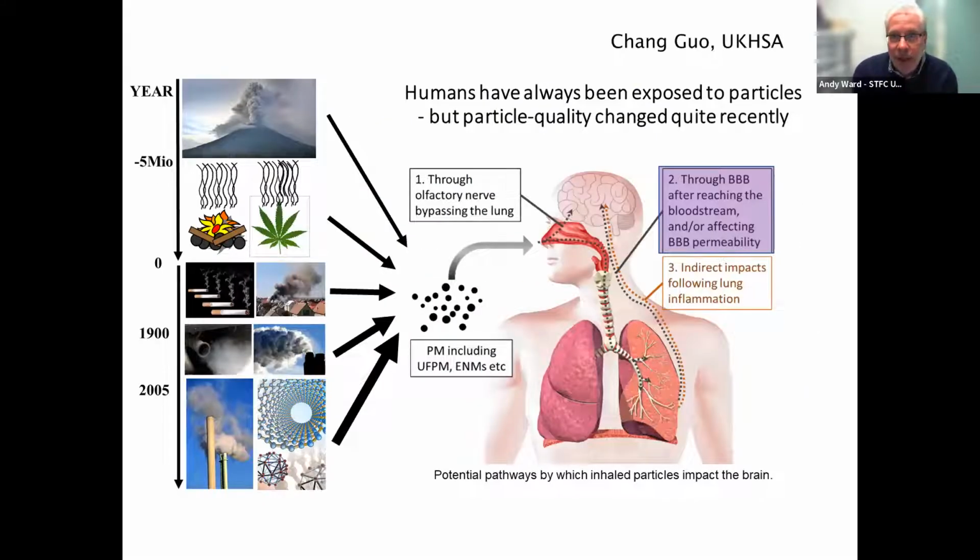So this was Chang's original idea. It's effectively a sketch that we drew out at the STFC Air Quality Network workshop about a year ago, where we were looking at what we could do with the various parts of the facility. This one was looking at how tiny nanomaterials go through the olfactory nerve into the blood-brain barrier, and how we could detect those.